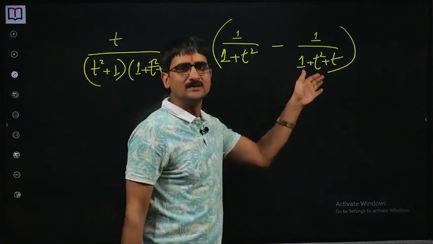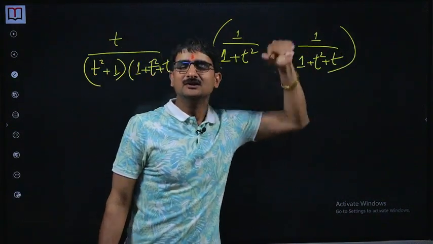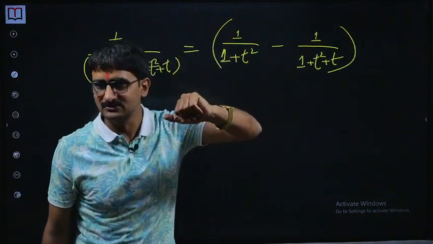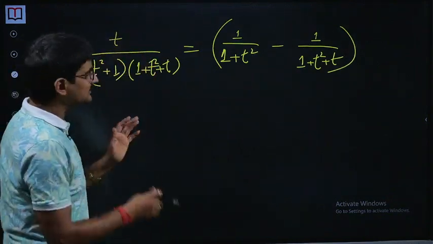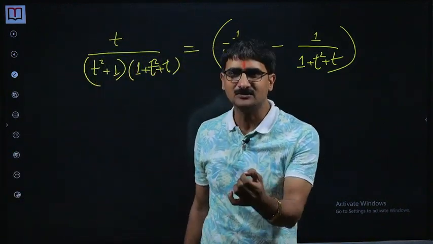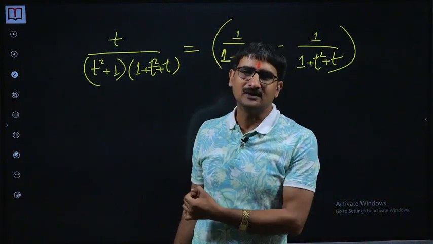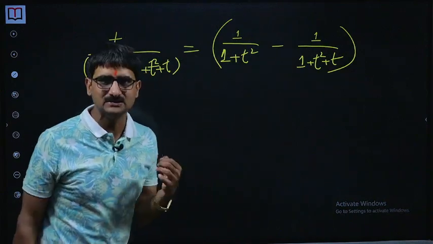When you take LCM, here it will be 1 plus t square plus t minus 1 minus t square. So 1 and t square get cancelled and you're left with t, and that's what you have in the numerator. So sometimes if you are alert enough and know these small tricks while solving the question, it can be really helpful and it will save your time.